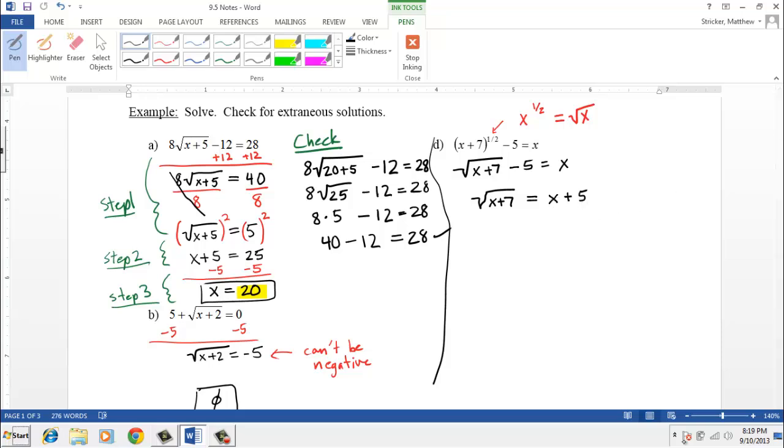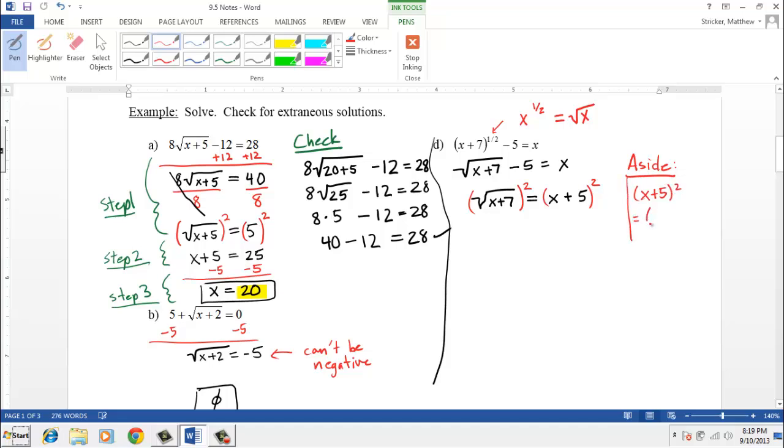And this is where the problem gets more difficult, because now when we go to square both sides, one thing we need to talk about is what is x plus 5 squared.